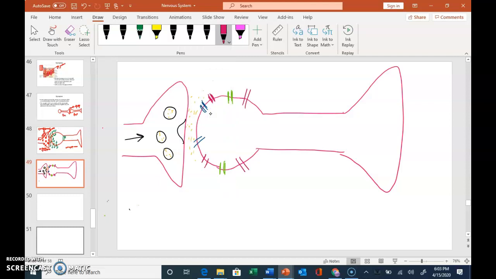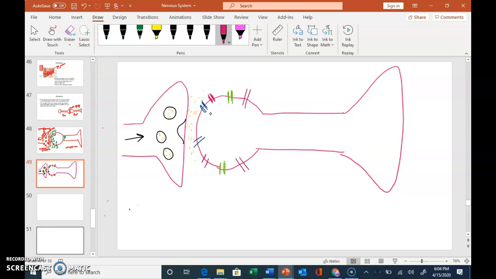Now, depending on what neurotransmitter is being released by the presynaptic neuron, we can have ligand-gated sodium channels open up, and in that case, sodium will enter the cell. Sodium brings in positive charge, so it will depolarize the downstream neuron.